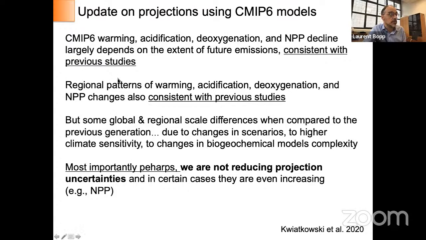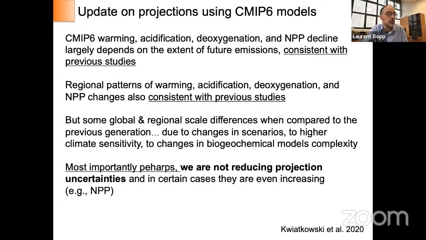The regional patterns of warming, acidification, deoxygenation, and NPP changes are mostly consistent with previous studies. But there are some regional scale differences when compared to the previous generations. And this is due to changes in the scenarios, to higher climate sensitivity in the new models, and also to changes in the biogeochemical model complexity. And I will illustrate that in a second.